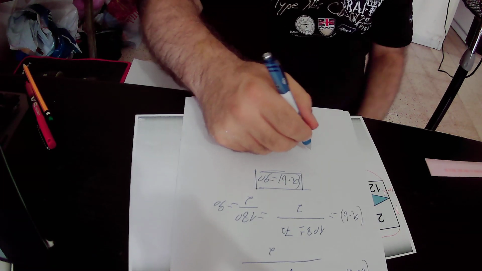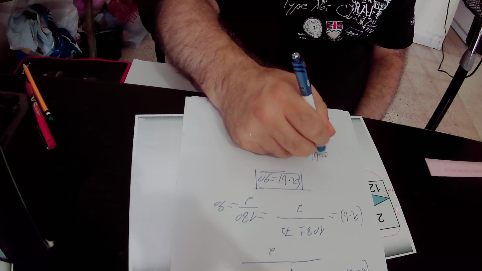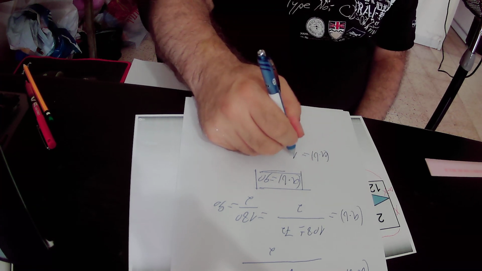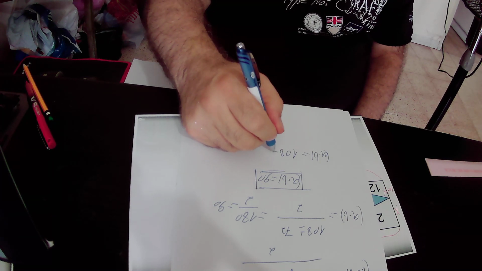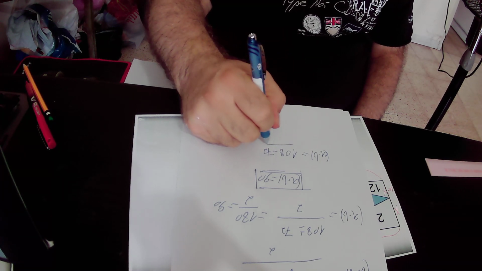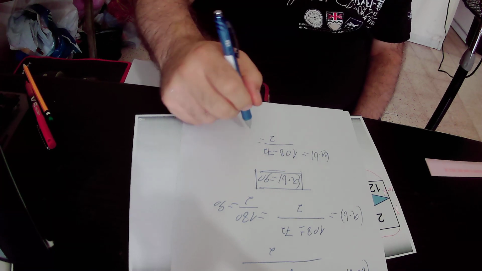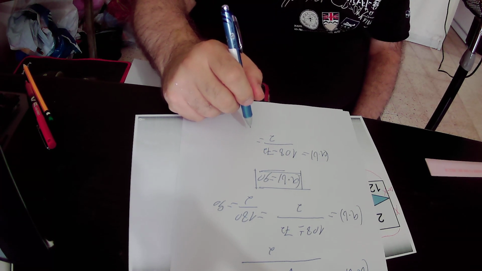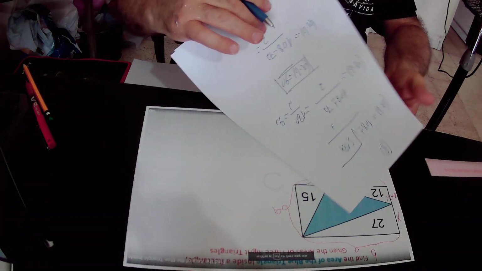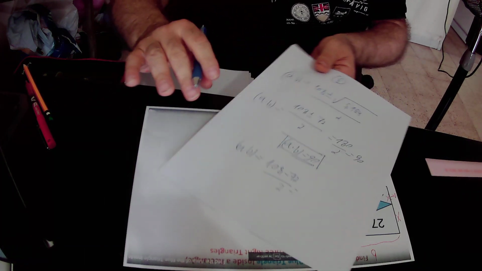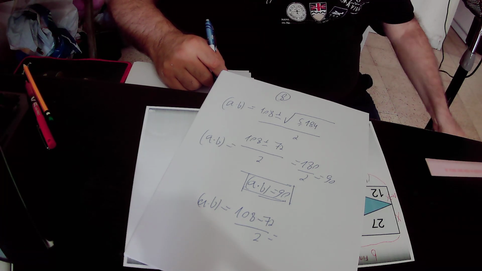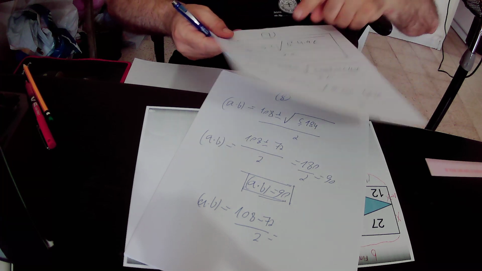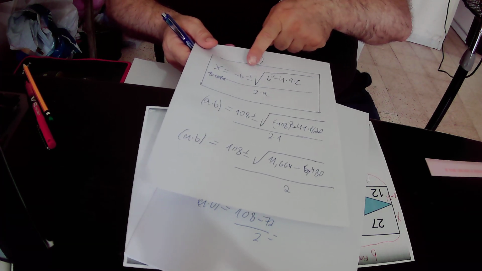The second solution is actually 108 minus 72 divided by 2. In the original equation for x, we have x equals minus b plus or minus.